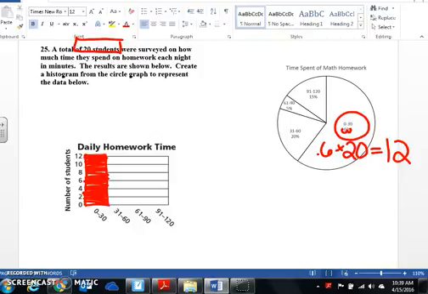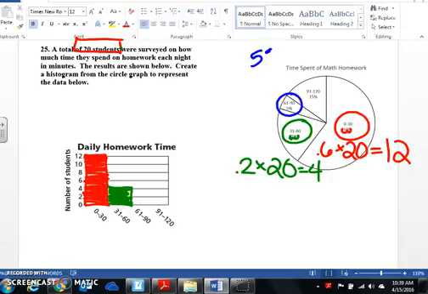Okay, my next interval is 31 to 60, which is here. Turn 20% into a decimal, which is 0.2, and I'm multiplying by my total, which is 20, which should give me 4. So now I go up to 4, trying to keep my intervals the same width. Next interval is 61 to 90, which is here.